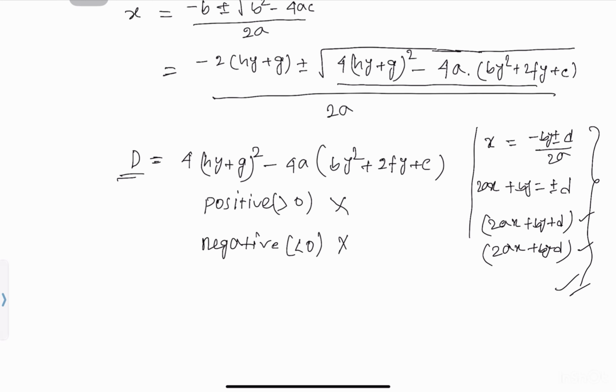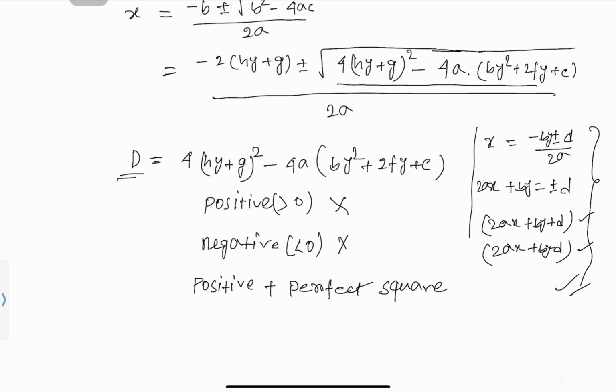Now tell me one thing. If d is positive plus a perfect square, obvious. A perfect square is always positive, so no need to write it here. Perfect square means it gives you a single number which is not an irrational number, not a complex number.